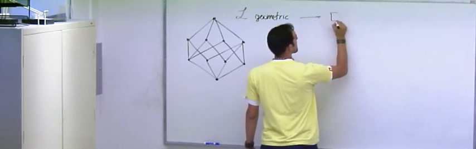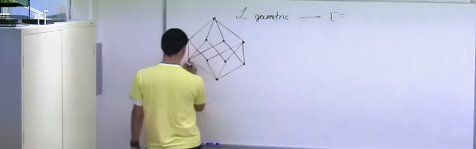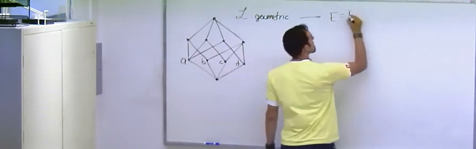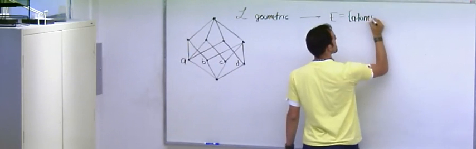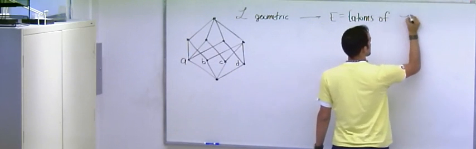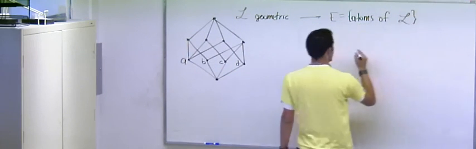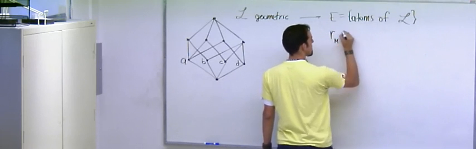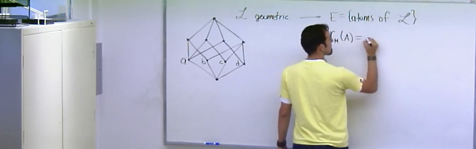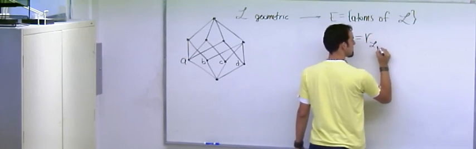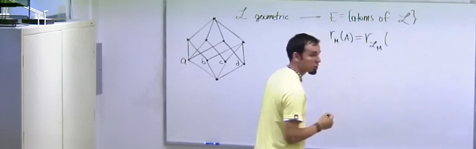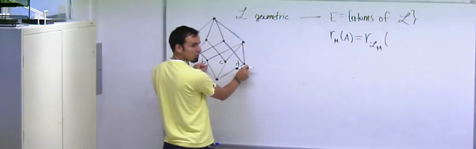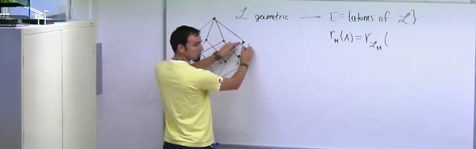So we said that the ground set was going to be the set of atoms of your lattice, and the rank function in the matroid of a set of atoms is the rank function in the lattice of the join of those atoms. So if you want to know the rank of B, D, you come to the lattice, you join them, and you see what rank that has.